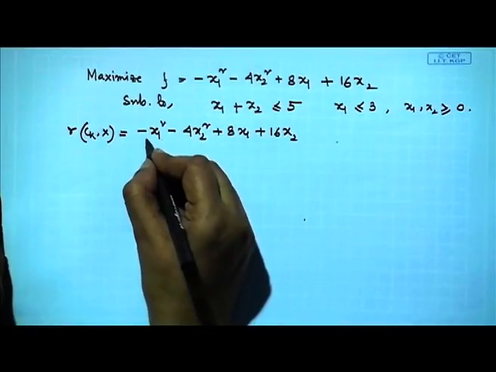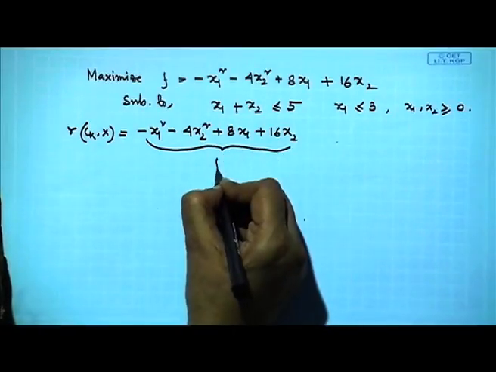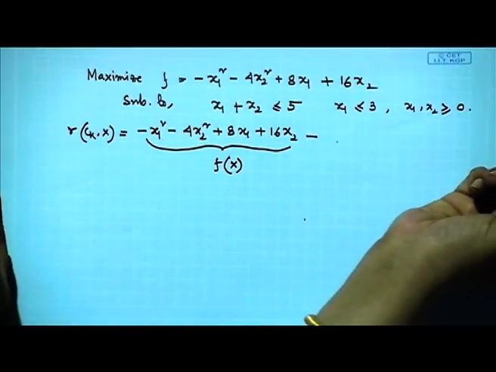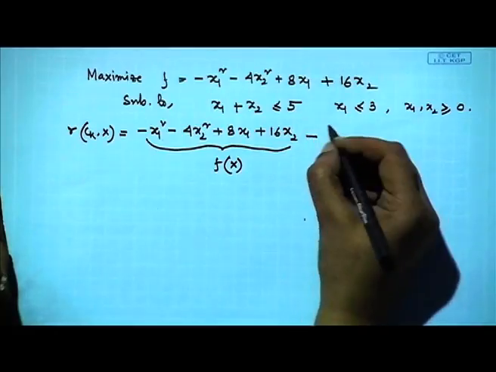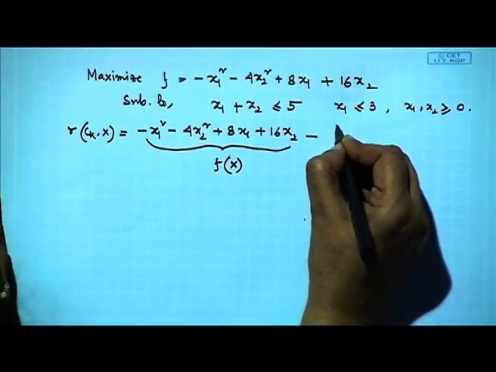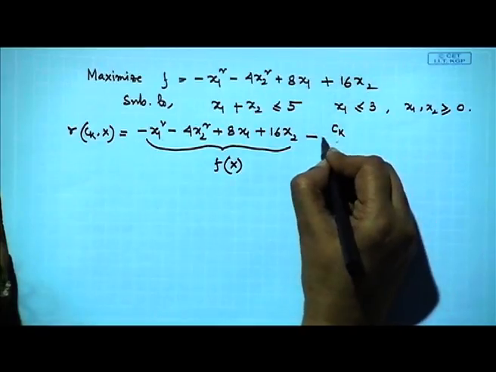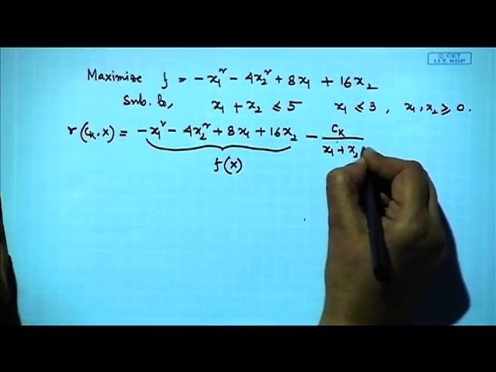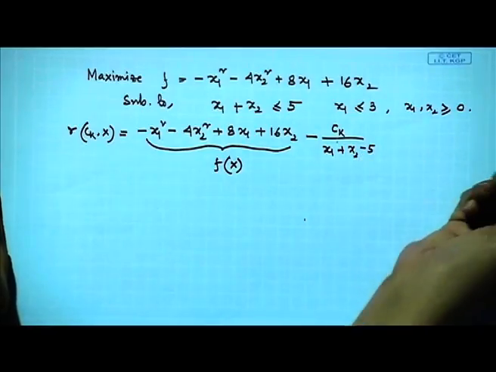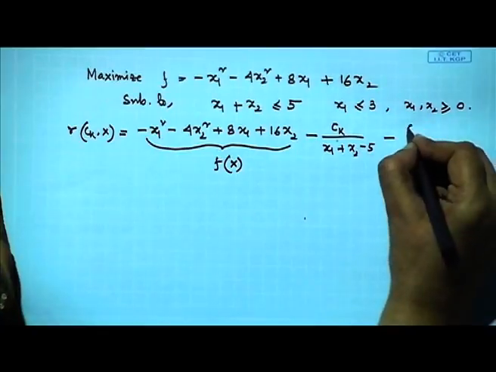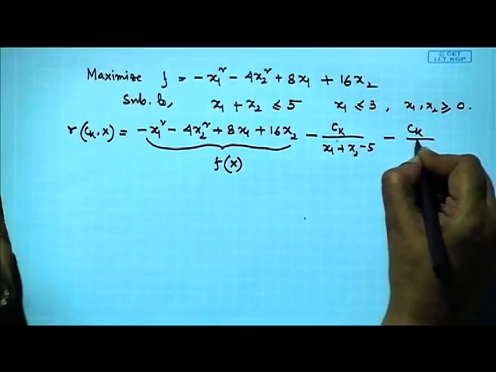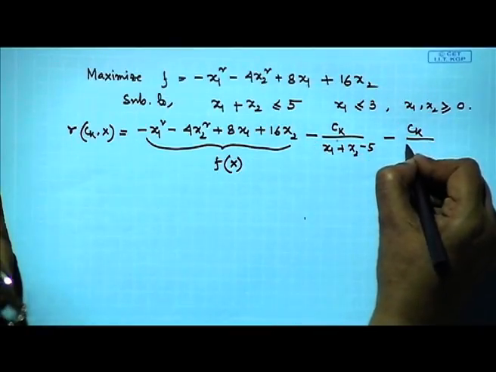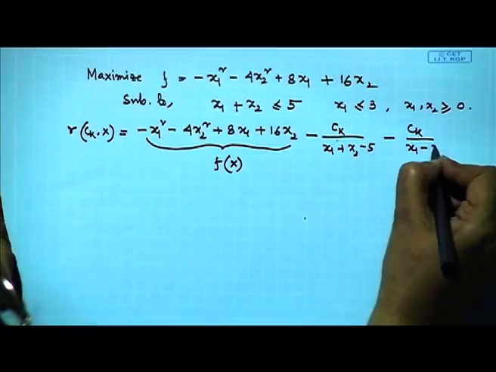Now, this is f(x), and the function will be minus ck divided by x1 plus x2 minus 5, minus ck divided by x1 minus 3.